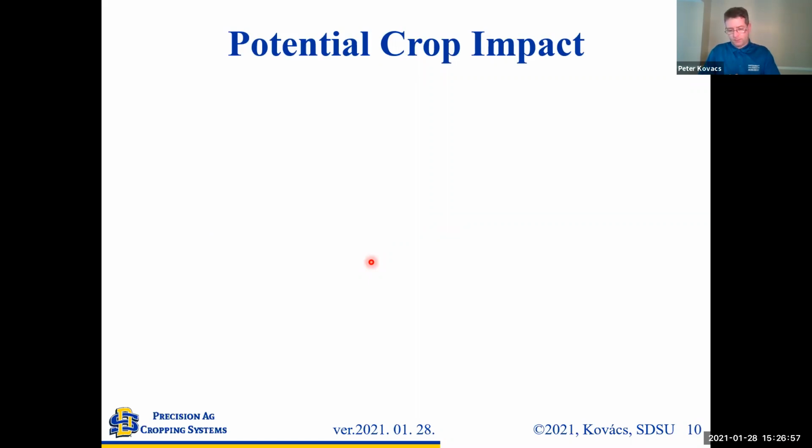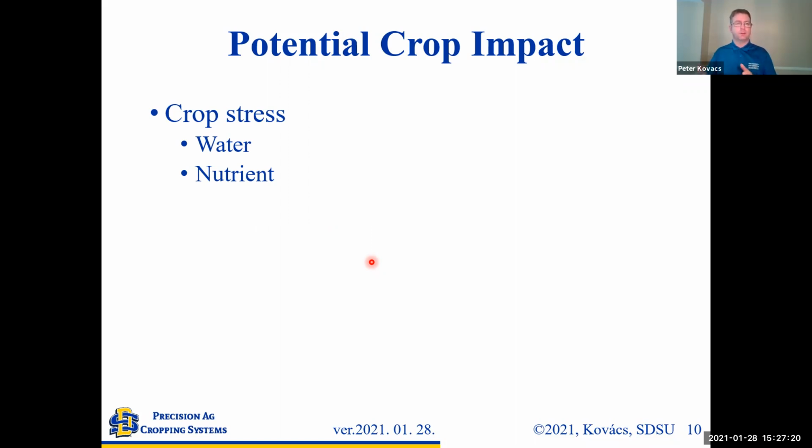If we look at the plant side of it, what type of crop impact can we anticipate from the different landscape positions? A couple of the typical crop stresses I would consider right away are water stress and nutrient stress.